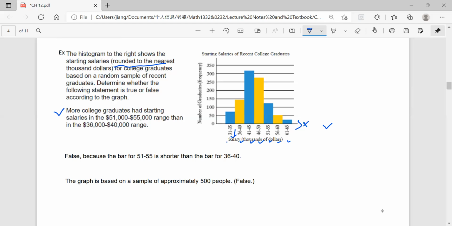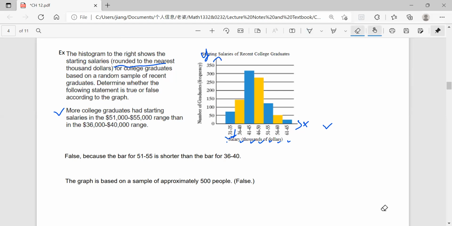So let's see, how about the y-axis? What does this axis represent? Yes, that represents the frequency. So that means, for example, in the first class, the graduates got 31 to 35,000 dollars, and there are about maybe 70 people who said their salary is in this range.